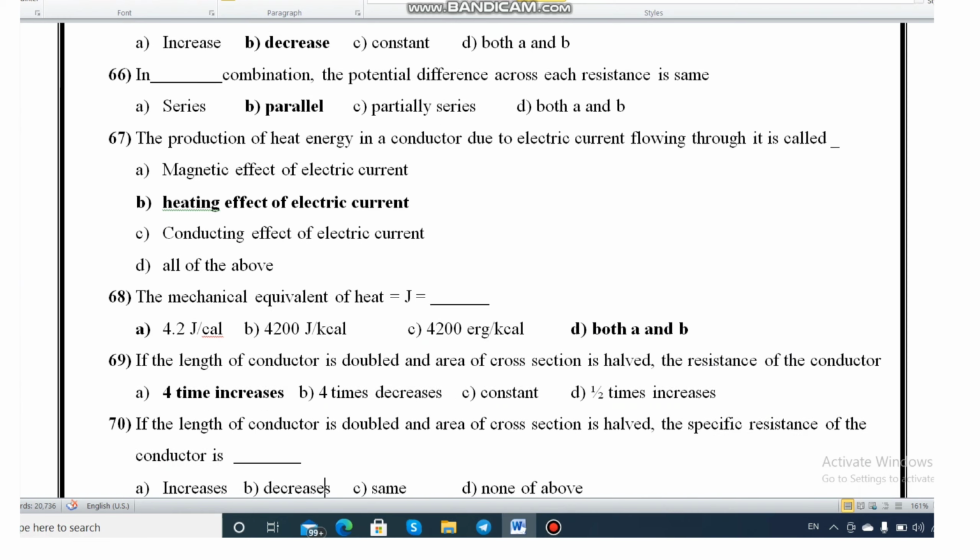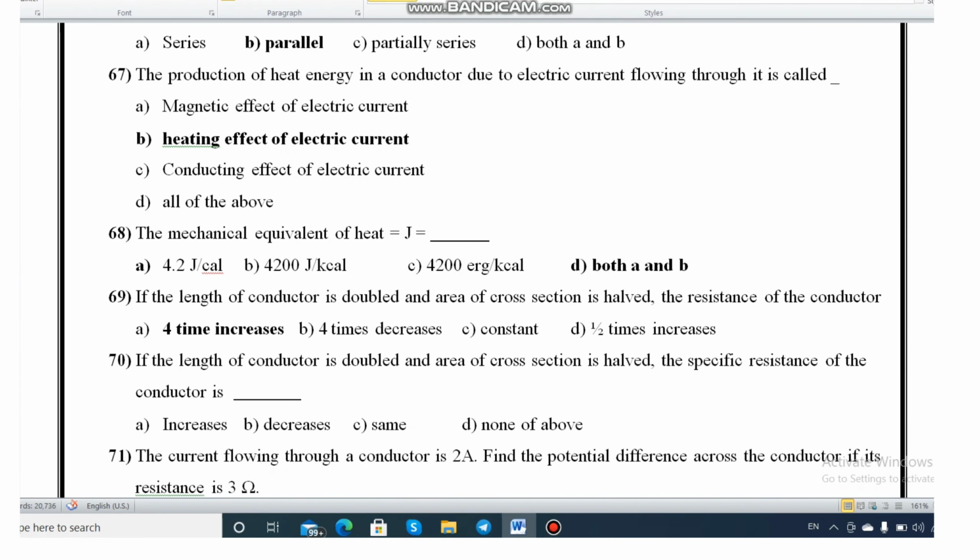The production of heat energy in a conductor due to electric current flowing through it is called heating effect of electric current. The mechanical equivalent of heat, joule, is equal to 4.2 joule per calorie or 4200 joule per kilocalorie.